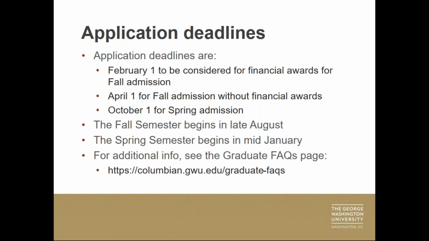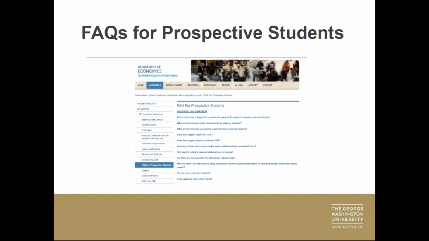We offer all 6 core courses every semester, and since students are on a full-time or part-time basis, there's not really a designated class that you're in. You will have your first semester class, but after that, you'll be mixed up with all of the students. For additional information, just go to the graduate facts page, where I put a whole bunch of them together for prospective students to deal with any questions you would have about the program.